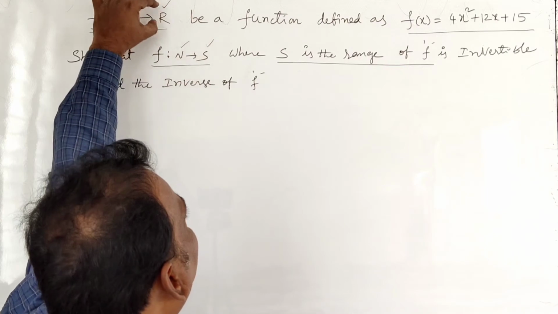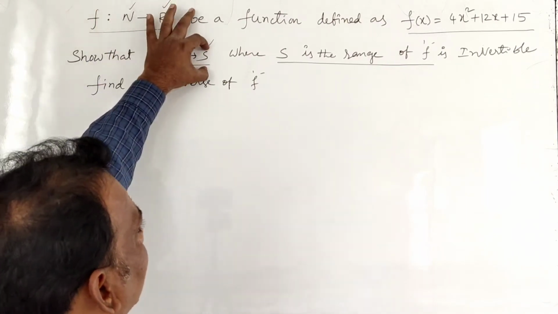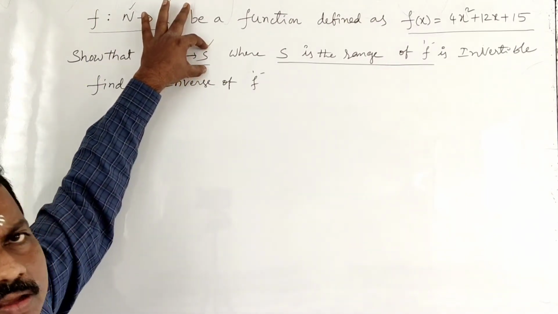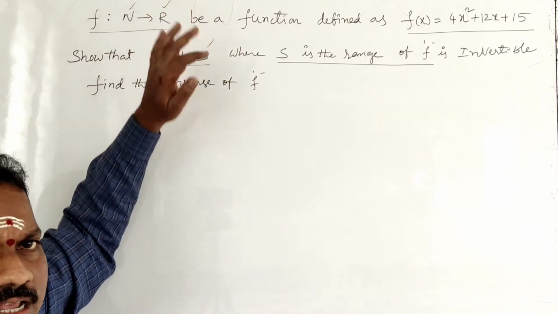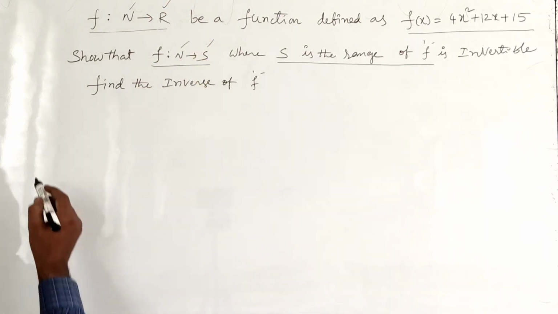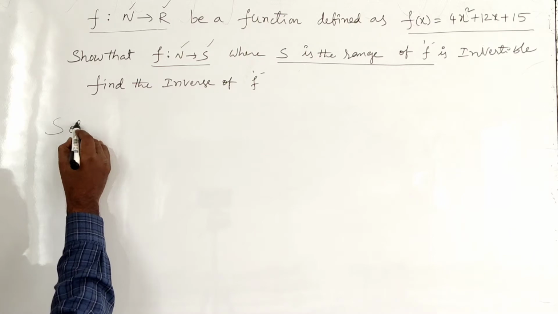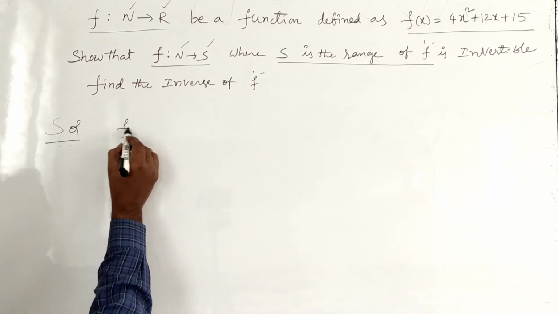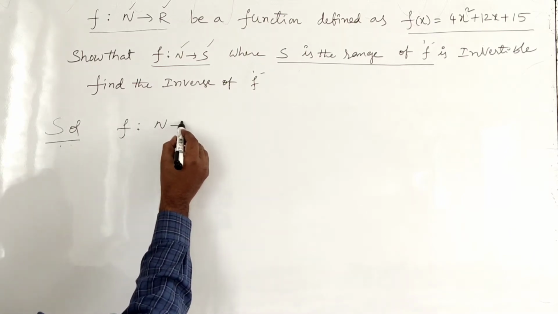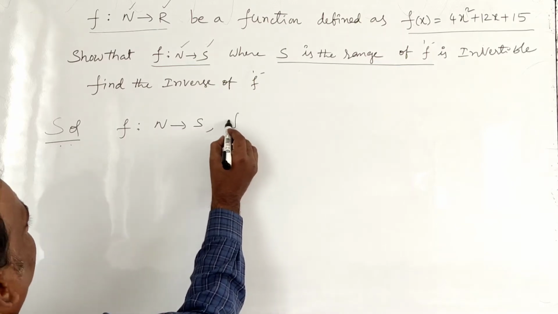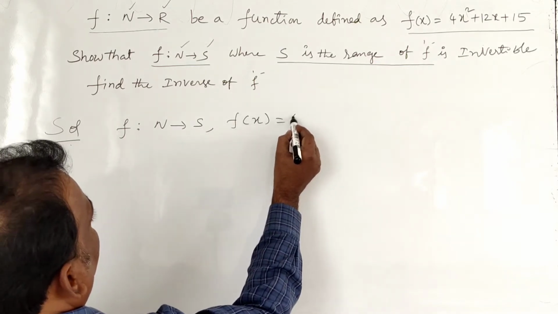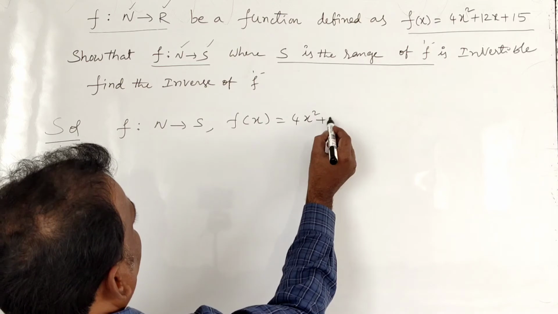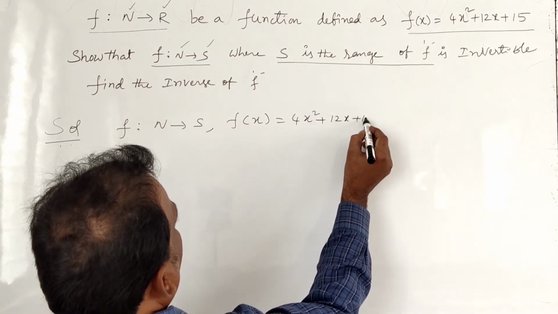Irrational numbers are also part of real numbers. If it is invertible here, we can prove it. Correct, students? Right, I am taking that f is mapping from N to S and f of x is equal to 4x square plus 12x plus 15.